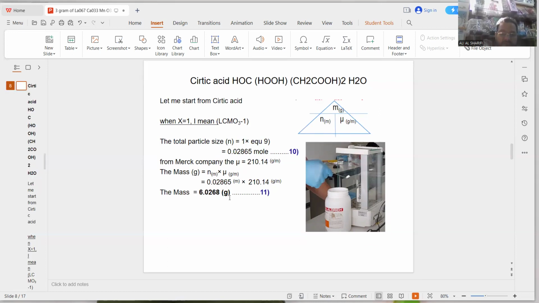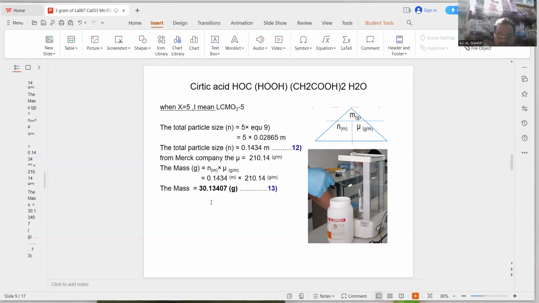There are two ways to solve this. We can directly say the number at equation 11 multiplied by 5 will equal 30.13470 grams, or we can use the long way. The particle size equals equation 9 multiplied by 5, the total particle size number here.